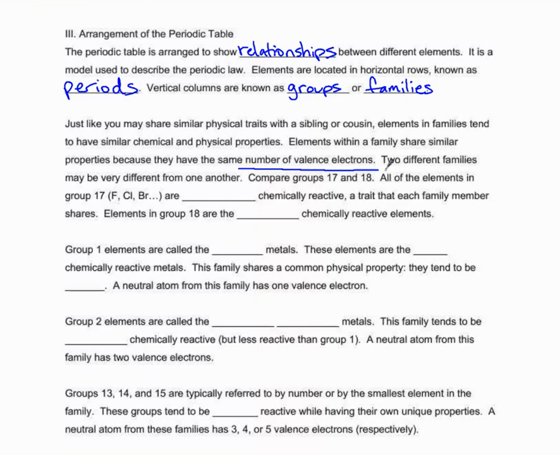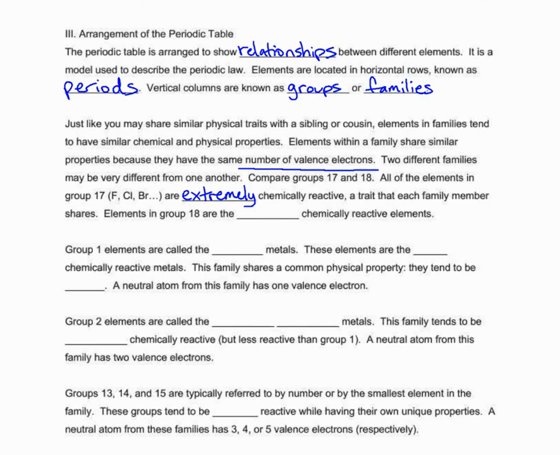Two different families may be very different from one another. For example, compare groups 17 and 18. All of the elements in group 17, fluorine, chlorine, bromine, and so on, are extremely chemically reactive. This is a trait that every family member in group 17 has.